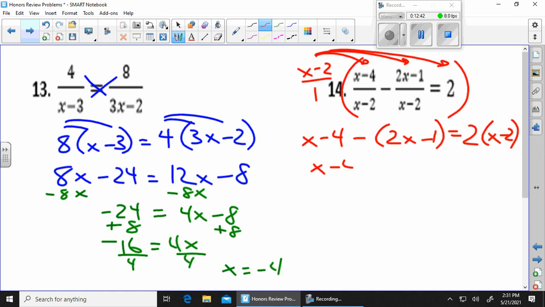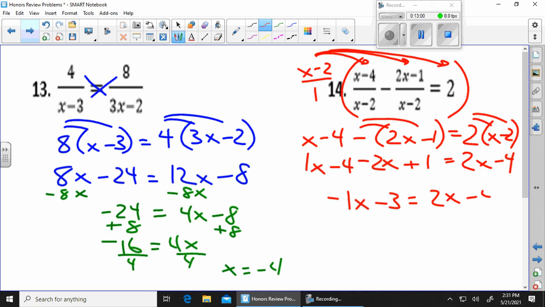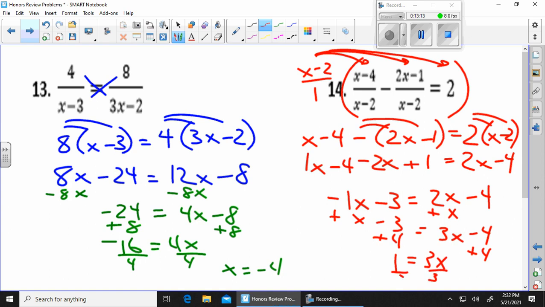So then this would be x minus 4 minus 2x plus 1 equals 2x minus 4. Put those like terms, 1x minus 2x, negative 4 plus 1 is negative 3. Add x. 3x minus 4 equals negative 3. Add 4. 1 equals 3x. Divide by 3. You could have gotten that a different way, but that's how I did it.